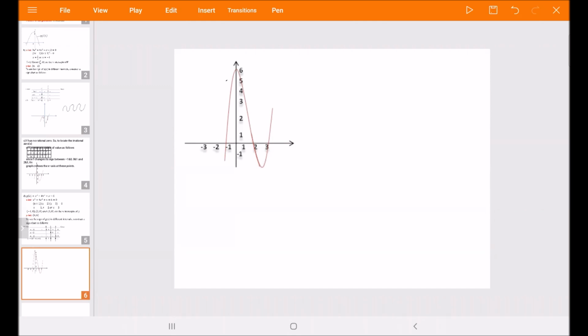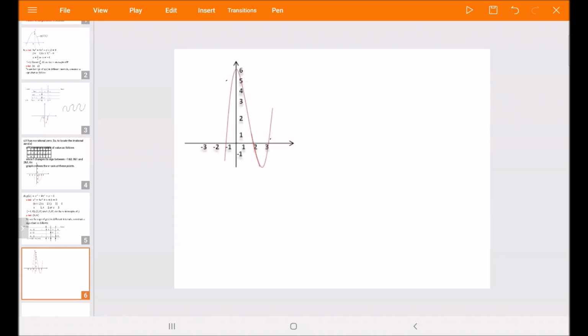But we know for sure that between 2 and 3, the graph of g of x has a valley. Then after forming this valley, it starts to rise. It touches the x-axis at 3, and after 3, the value of g of x is remaining positive.